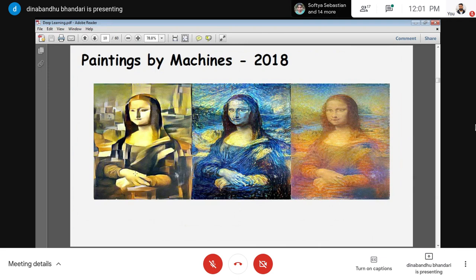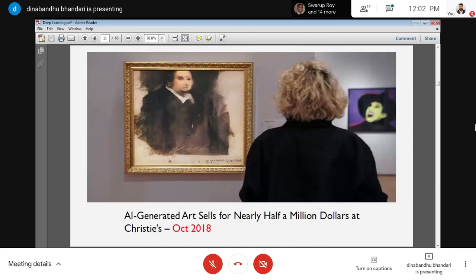One of them may be Picasso, one is Vincent van Gogh, another is Paul Gauguin. If they had painted Mona Lisa, how would it have looked? We know these are not painted by Leonardo da Vinci. This is the one: in 2018, a painting sold for $500,000, painted by a machine.